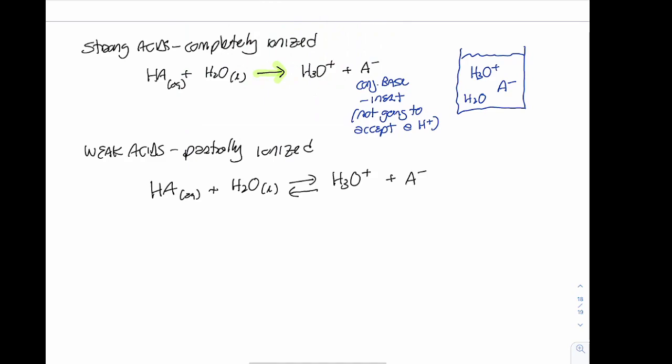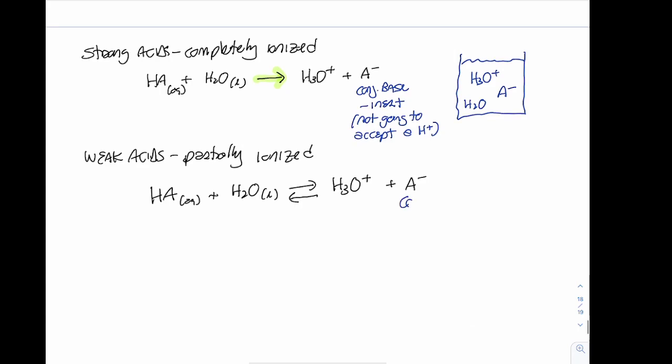So my conjugate base, it is basic, right? It can accept a proton and go back in the other direction.